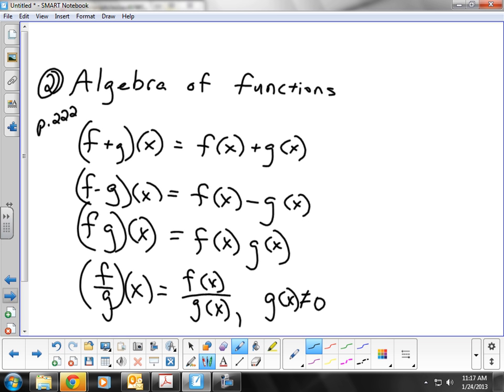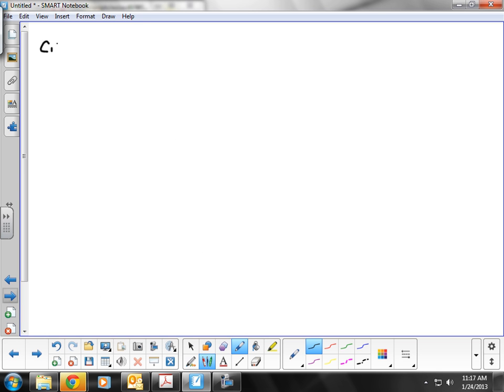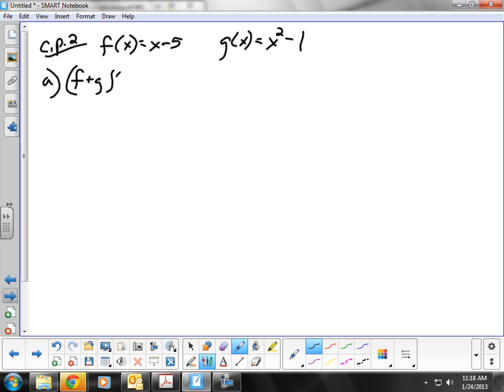So let's look at a few of those and see what that looks like. Checkpoint 2 tells me that f of x is x minus 5 and g of x is x squared minus 1. And so part A wants me to find f plus g of x. Remember, that means f of x plus g of x.